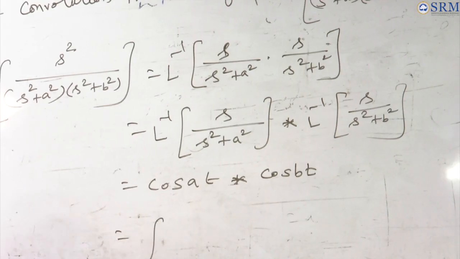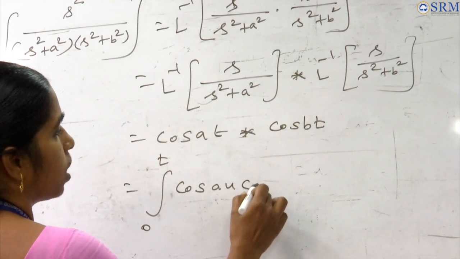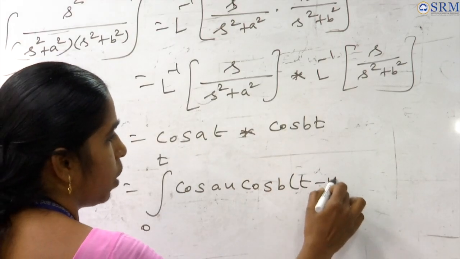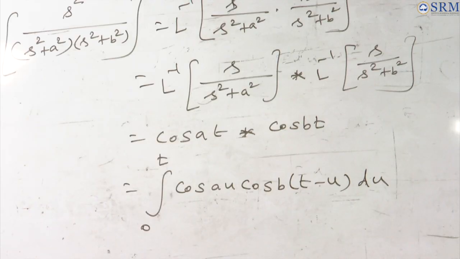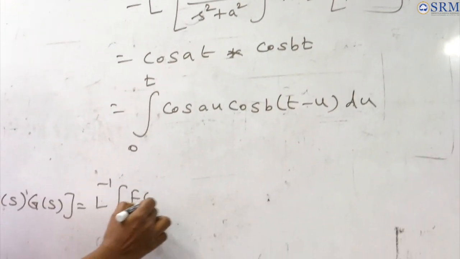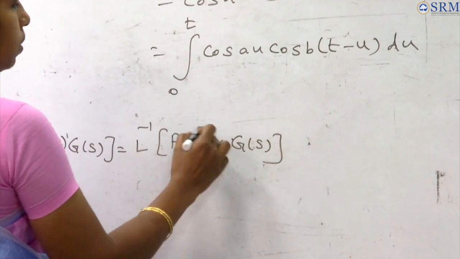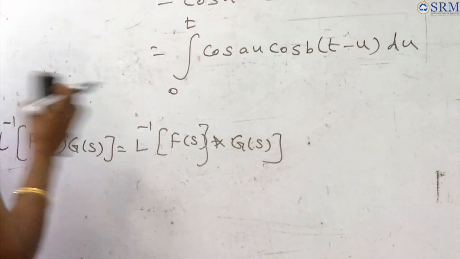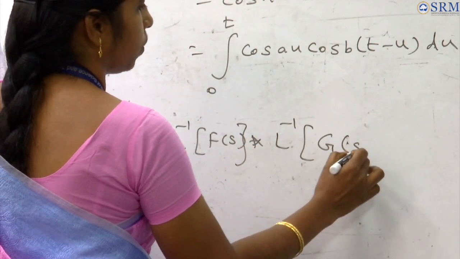So the formula is integral of 0 to t cos au cos b into t minus u du, where one is u, another is t minus u. The formula is L inverse of f of s g of s is equal to L inverse of f of s star L inverse of g of s.